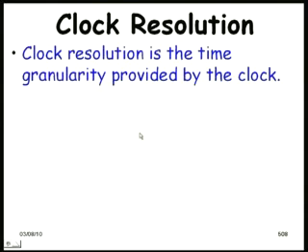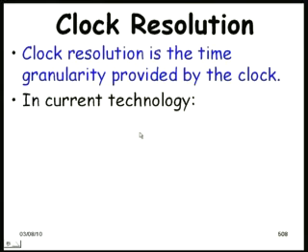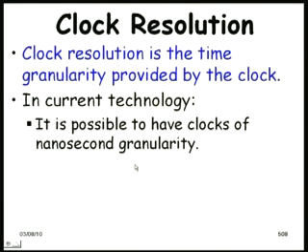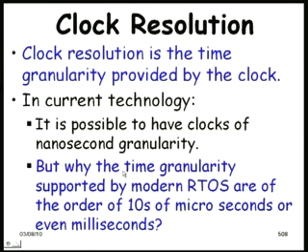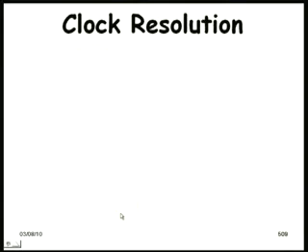Now, we are discussing the clock resolution supported by the operating system. We had said that the current hardware clock available is a gigahertz clock. It should be possible to have a nanosecond clock, but the granularity that we will discuss in our subsequent lectures is microseconds, several microseconds or even milliseconds, and we are trying to examine the reason behind this.